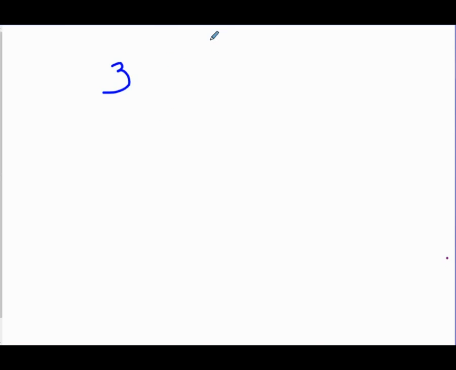Well, all fractions are also division problems. So I'd need to make it look like a division problem. Now, what can I divide 3 by and it still be 3? I'll tell you, it's a magic number. And that magic number is a natural number, 1.